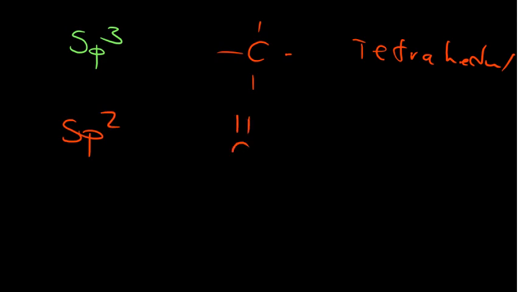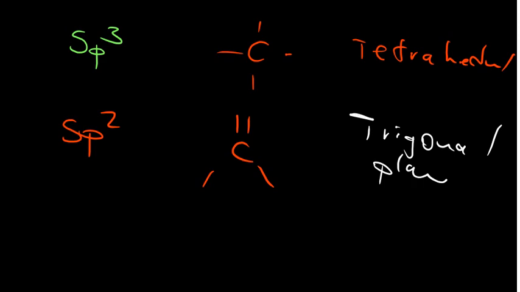Trigonal planar. Then in the case where we have just 2 connections, it may be a triple bond and a single bond, or 2 double bonds. That is referred to as linear.